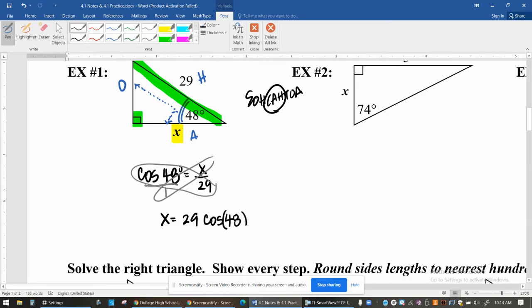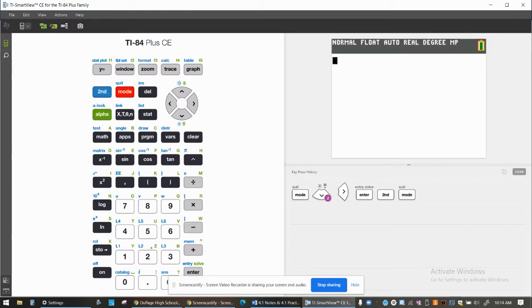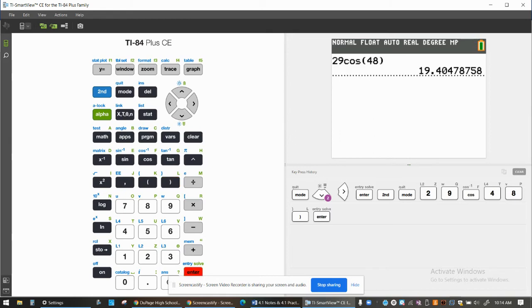Most calculators have parentheses around the angle, so just check the calculator. Let me see what the Chromebook does. Cosine, so 29 cosine of 48. Yeah, mine comes up with parentheses. Now what you don't want to do is cosine of 48 and then times 29, because then it's going to take the cosine of whatever 48 times 29 is, and you don't want that.